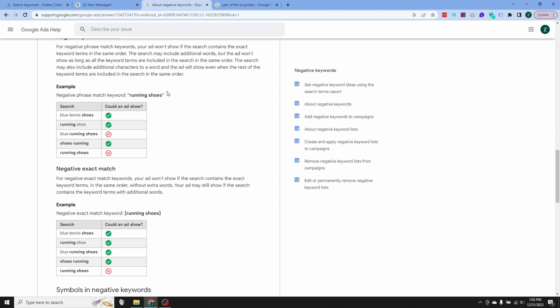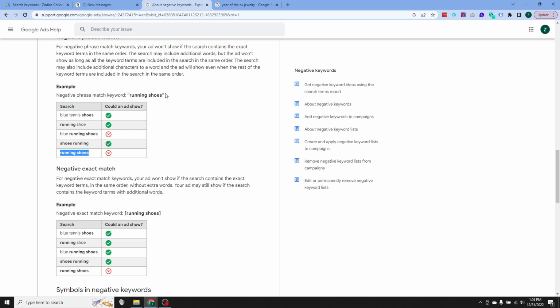Phrase negative keywords. This is basically like phrase match keywords used to be, where it's this phrase in this order without being broken up in the middle. So if we added running shoes as a phrase match negative to an ad group or campaign, this would not show, because they contain running shoes in that order.